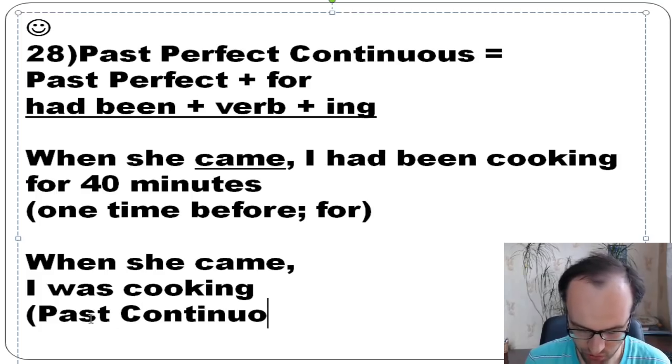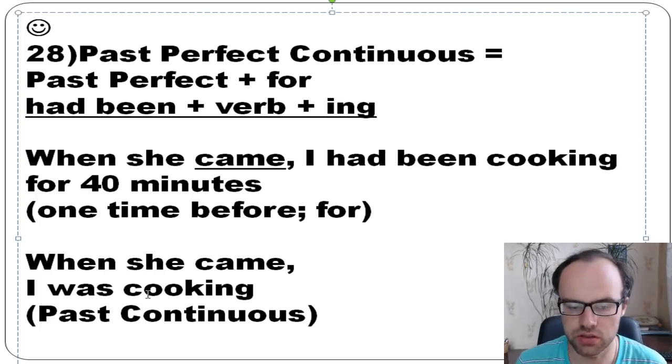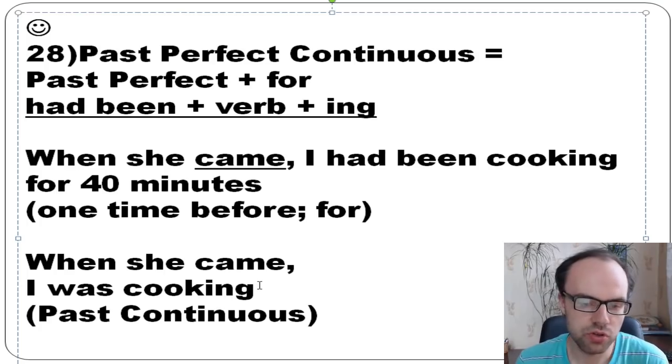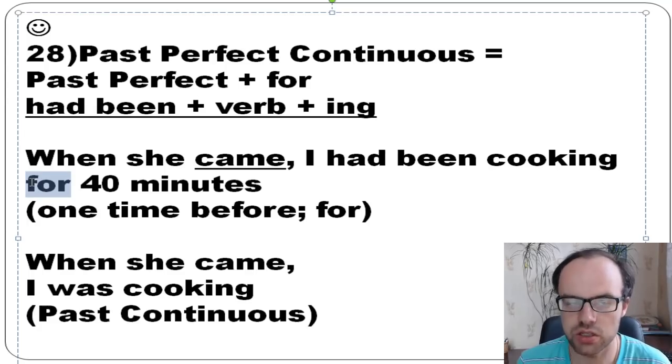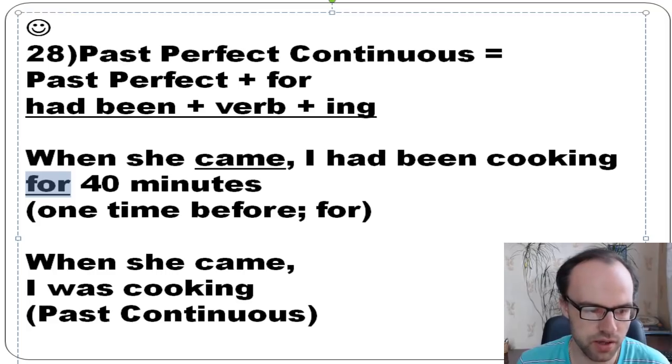If you say, when she came, I was cooking, it's past continuous. It's a long action, but we don't see that it happened 20 minutes earlier, 30 minutes earlier. But if you have for, you need to use past perfect continuous. It's one time before.